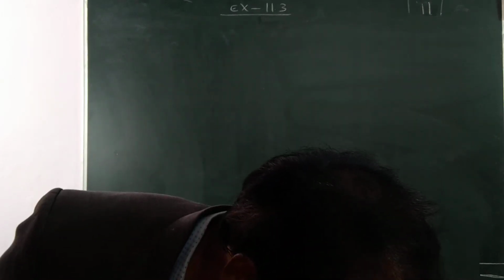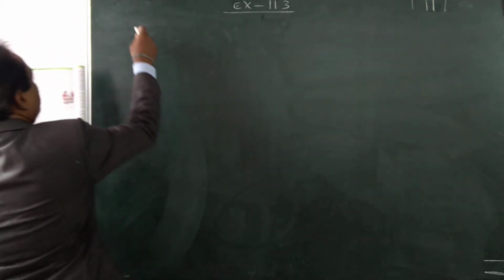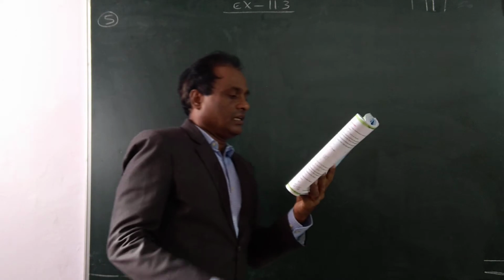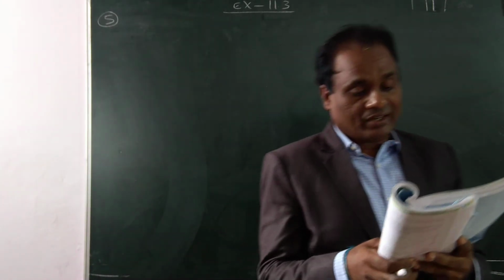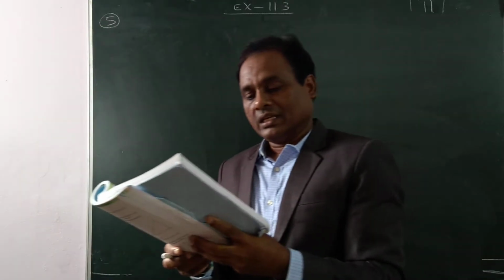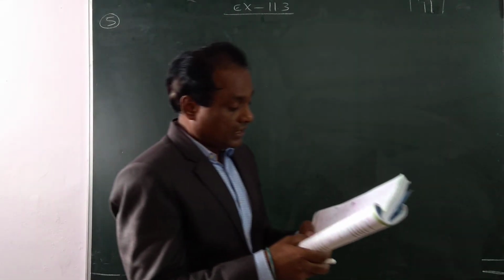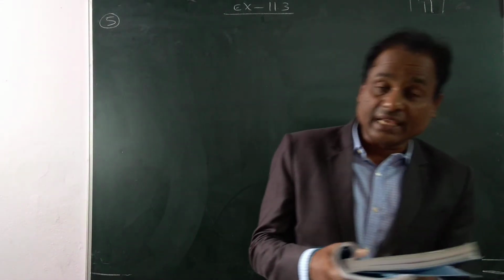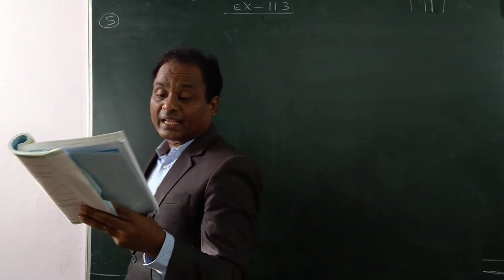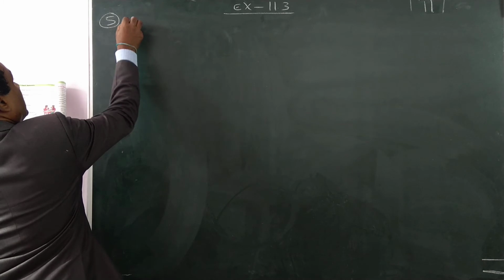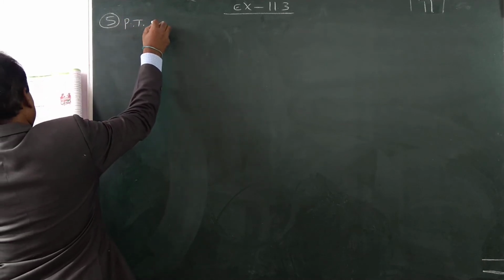Next. Fifth question. Capital A, capital B and C are interior angles of a triangle.